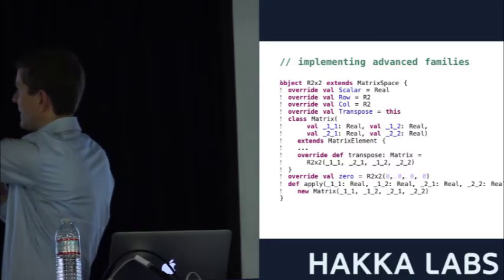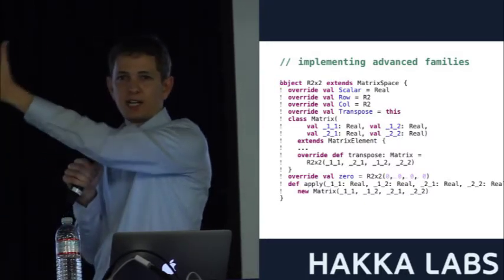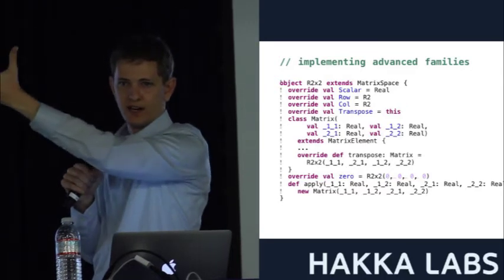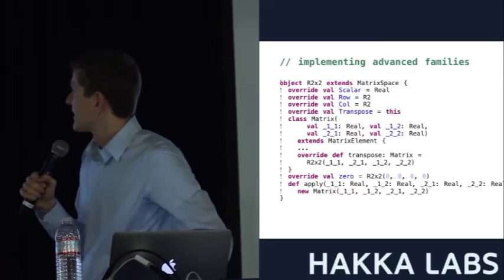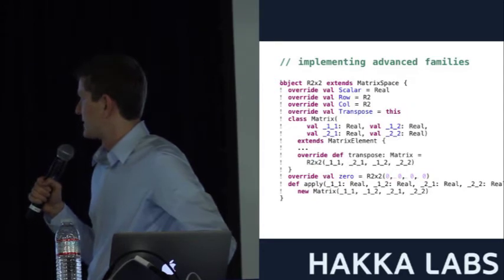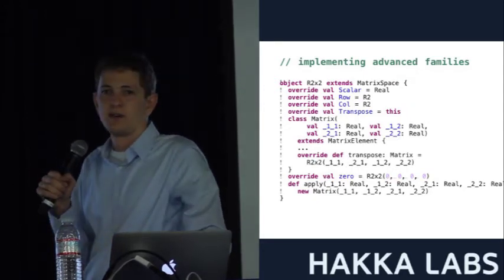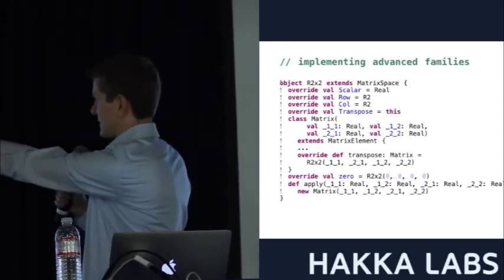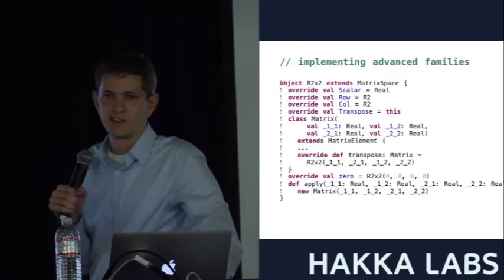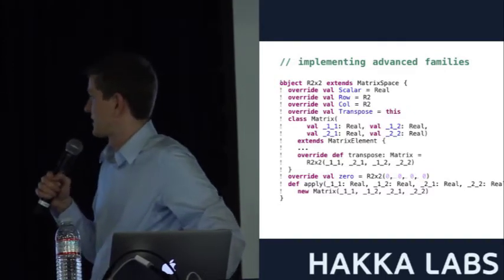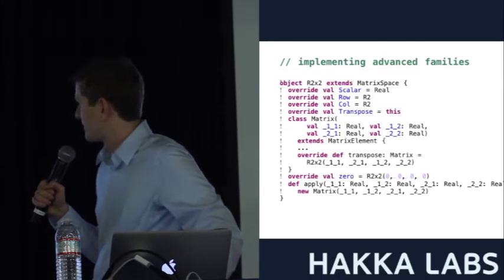So although we're defining a val here, we're using the types within that object. And the row and the column space is a square matrix, so they're the same. And because of that, the transpose is actually just the same space. And so nothing to do there except return this.